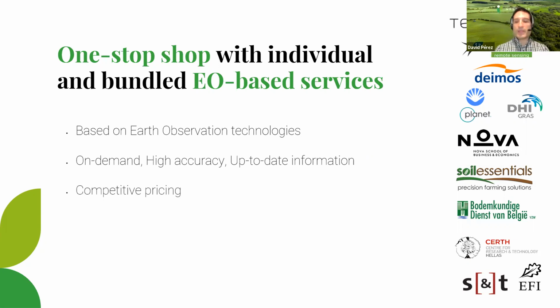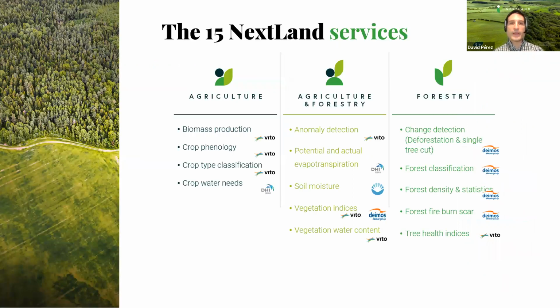Now, the services that the consortium has come up with fall into 3 categories. Pure farming, which are the 4 on the left-hand side. Pure forestry, which are the 5 on the right-hand side. And services common to both areas of interest, the 5 in the middle.